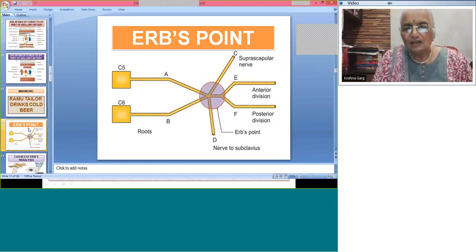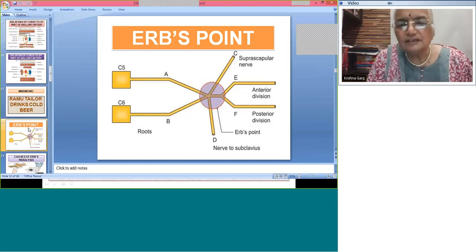Now we come to the applied aspect of the brachial plexus, the Erb's point, which causes the Erb-Duchenne paralysis. C5 and C6 segments give rise to the two roots of the brachial plexus, and they form the upper trunk.